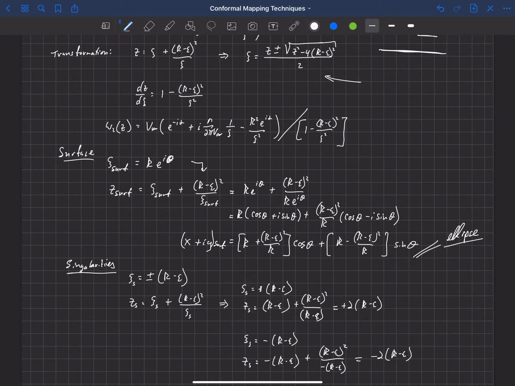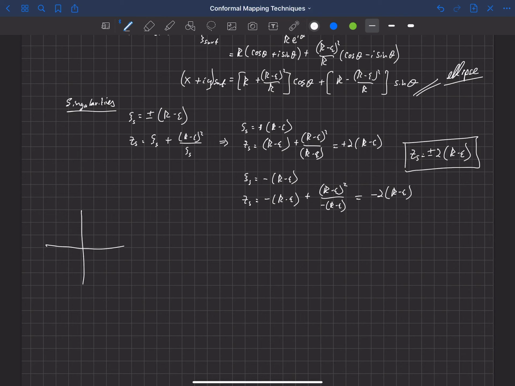Well, let's just kind of draw out what this flow would look like. What we've done is taken in the zeta plane a flow over a circular cylinder, and we've mapped it to the z-plane. It's now an ellipse, actually. So it looks something like this. And it turns out that those two singularities map to the foci of the ellipse.